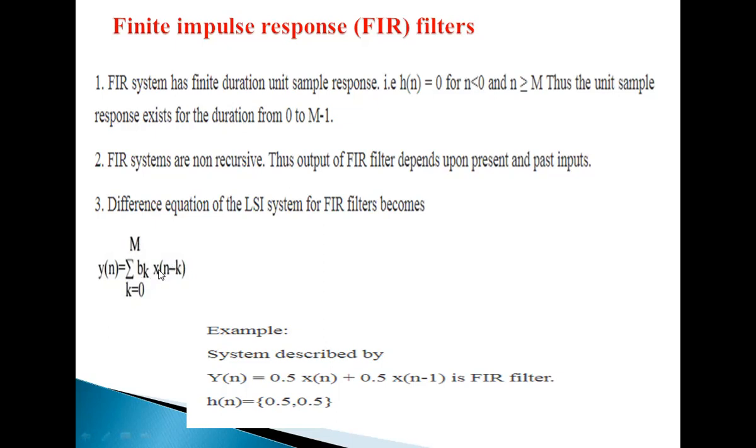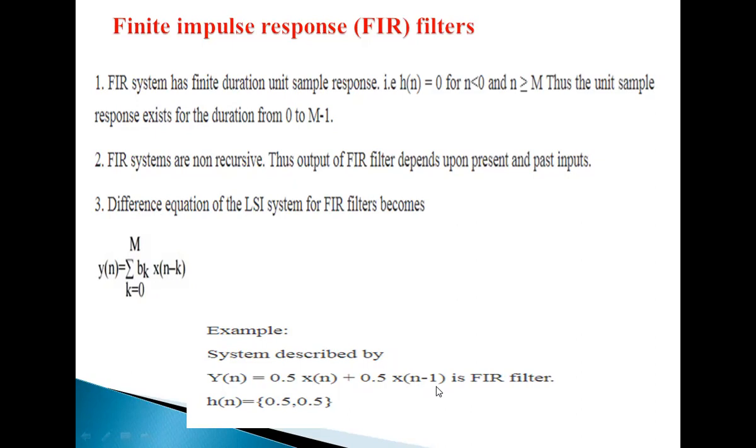Here x of n minus k represents the input sequence, and b k represents the coefficients of the input sequence, and y of n represents the output of the filter, or the output of the system, with k running from 0 to M. Okay, then here I have given one example of an FIR filter, that is y of n equals 0.5 x of n plus 0.5 x of n minus 1.